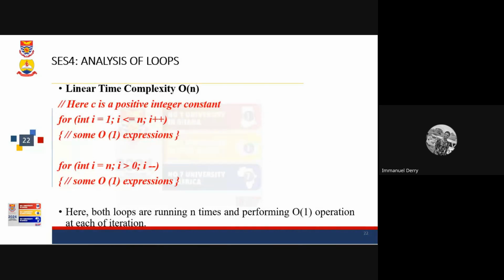All right. So let us look at this one here as well. And this is a linear time complexity, which has big O of n. So we have the first for loop, and then we have the second for loop. Mind you, these are not nested loops. Here, both loops are running n times and performing a big O of one operation at each of the iterations.